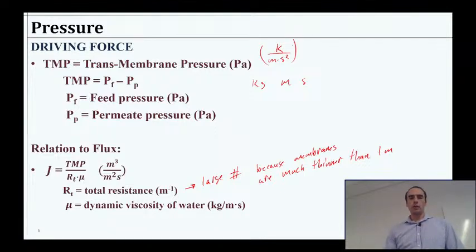So if we put kilograms per meter per second squared there, and also put in the membranes as per meter and put in the viscosity as kilograms per meter second, all those should come together and give us a flux term.